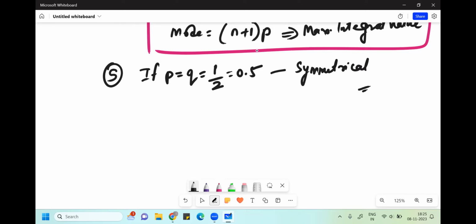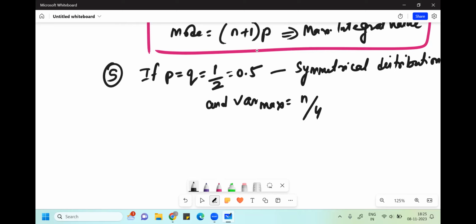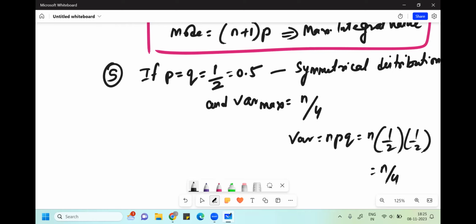If p and q are equal to 1 by 2, you will get a symmetrical distribution, and your variance would be maximum. How much would be your variance? Variance would be n by 4, where n is the data. Why n by 4? You know the variance formula, n into p into q. What is p? 1 by 2. What is q? 1 by 2. So your variance would be n by 4.